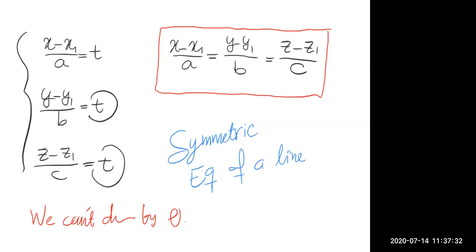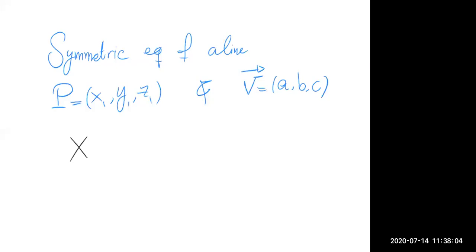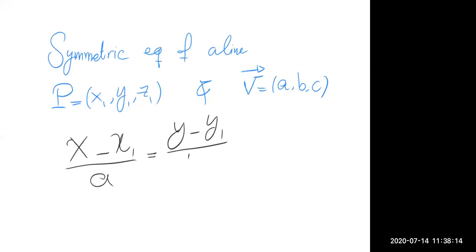So if I want to summarize, the symmetric equation of a line which passes through a point P with coordinates x1, y1, and z1, and is in the direction of a vector v with coordinates a, b, c, is: the points x, y, and z such that x minus x1 over a is equal to y minus y1 over b is equal to z minus z1 over c.